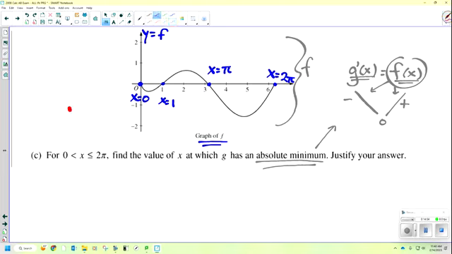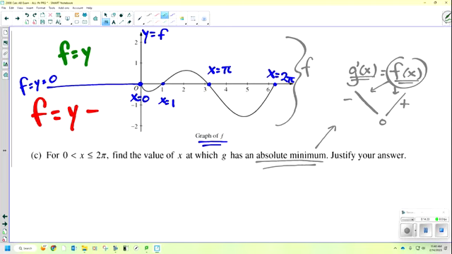Keep in mind that y's are negative below the x-axis. That means f is also negative. This is where my f or my y is 0. And anytime we're above the x-axis, my f, which is my y value, is positive. Okay? So look at negative, hits that 0, goes to positive, hits that 0, goes negative, negative, negative, then stops at a 0 again.